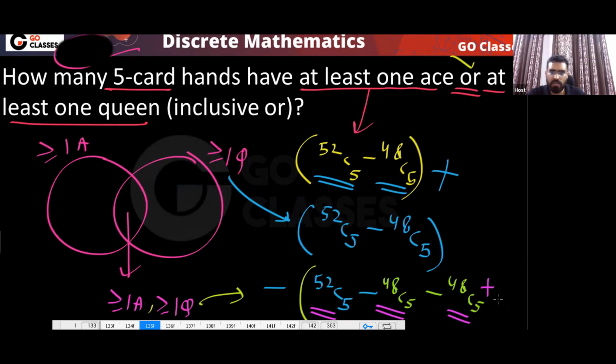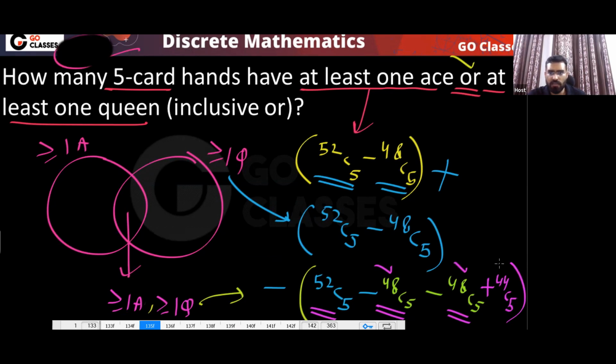I should add when there is no ace and there is no queen, 44 C5. Yes or no? Here, we don't have any ace and no queen.